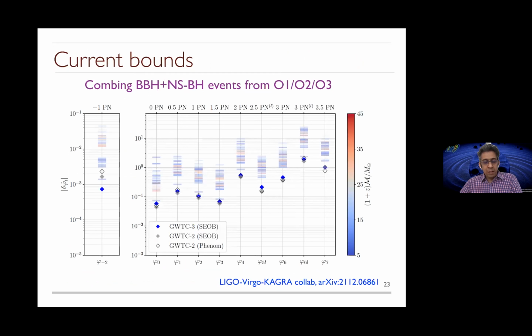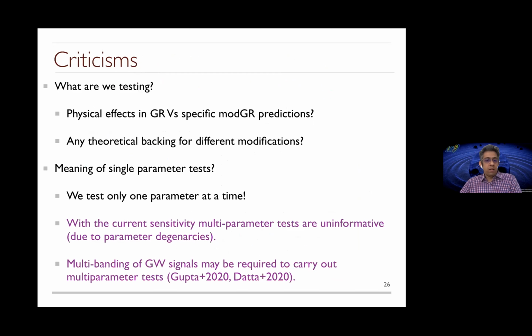These are obtained by keeping all the GR parameters intact and varying only one at a time. And it is quite reasonable to ask what it means to carry out a single-parameter test, since we keep only one deformation at a time, when we expect that a modified theory of gravity would modify more than one, for sure.